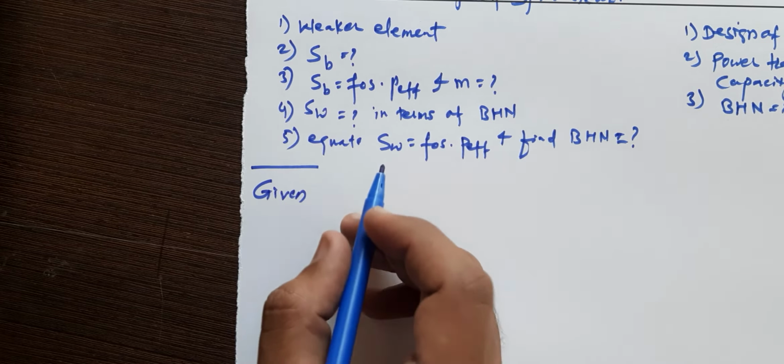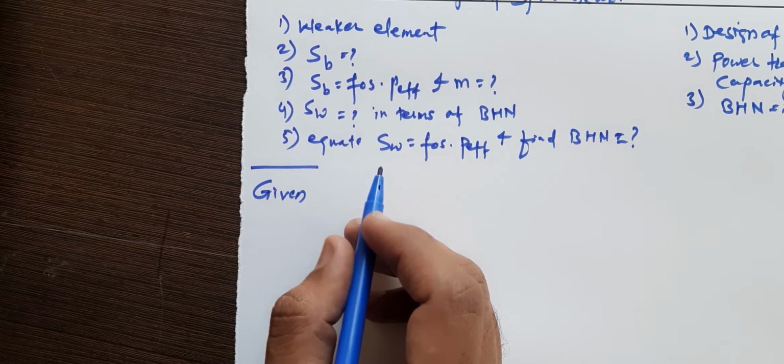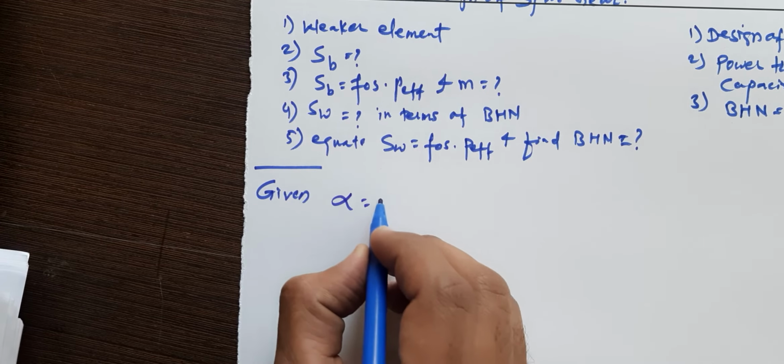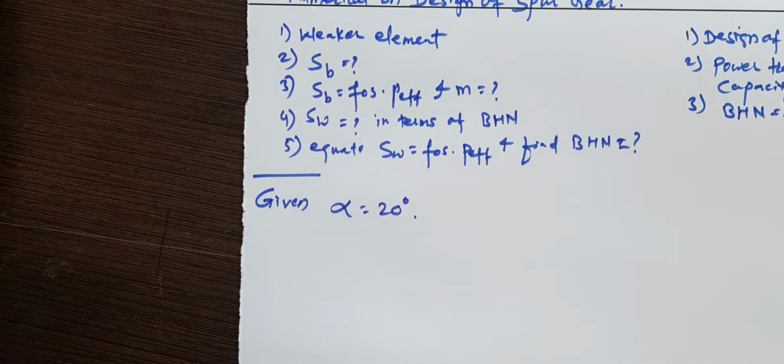It is required to design a gear pair with 20-degree full depth involute system. So here alpha, the pressure angle, is 20 degrees. Based on the Lewis equation, the velocity factor is to be used to account for the dynamic load.